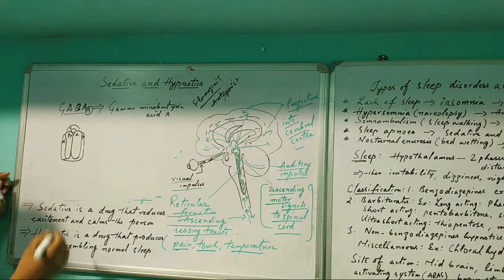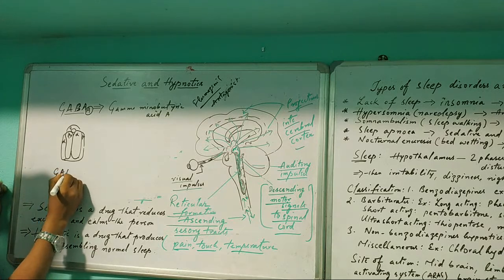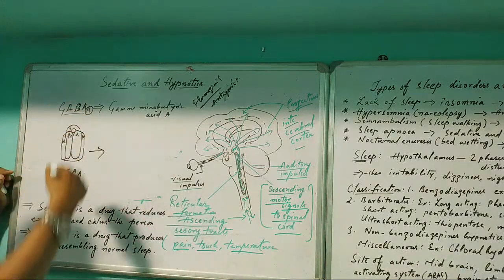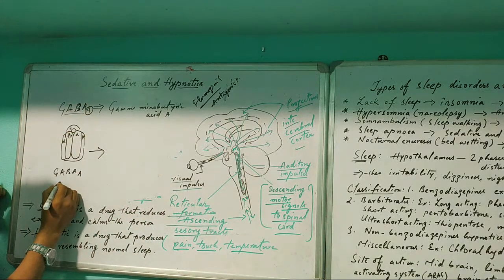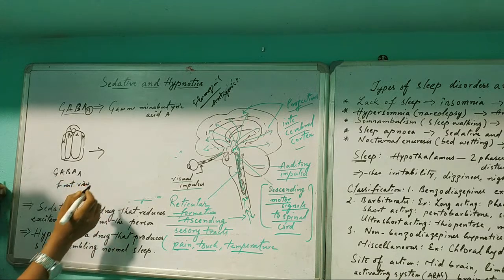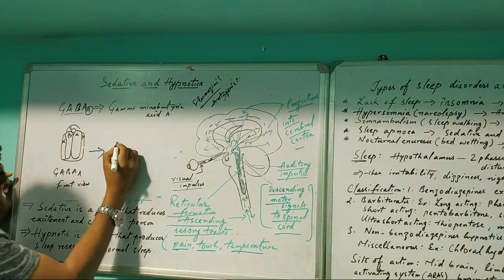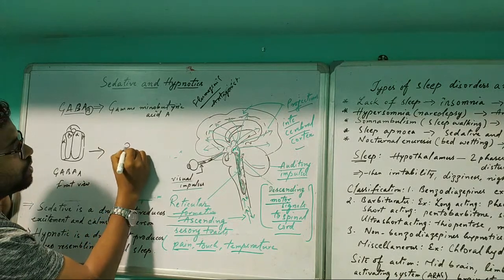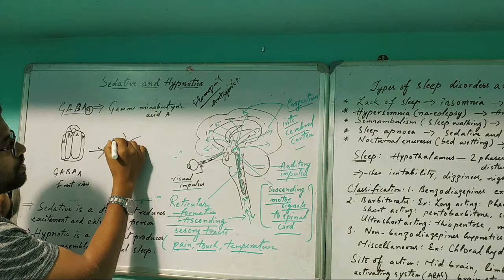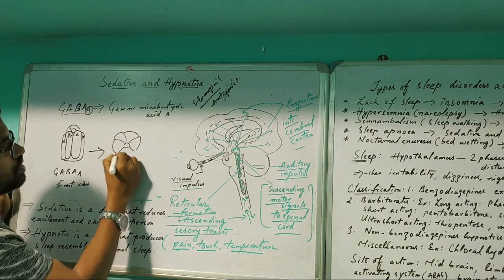So this is GABA. This is the front view. If you are seeing it from the top, then it may look like this. I am drawing roughly.